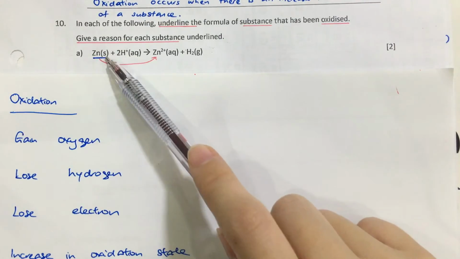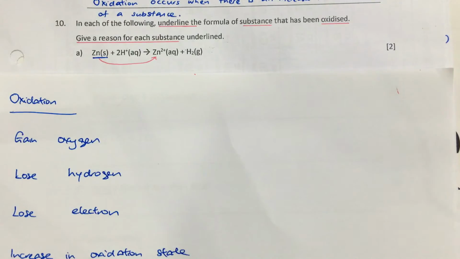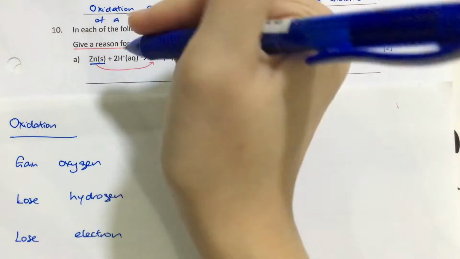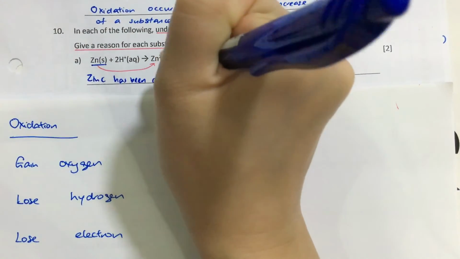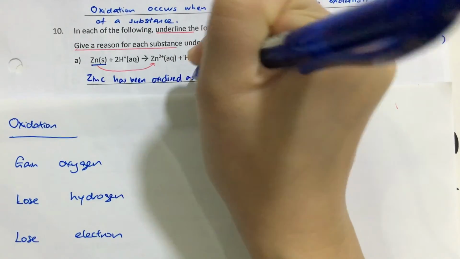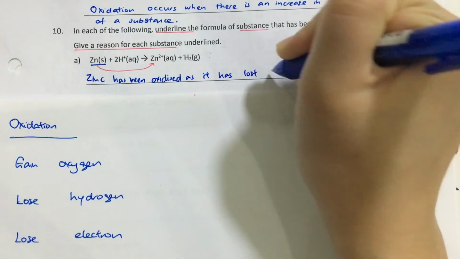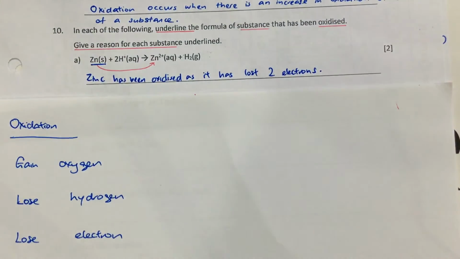And what would the reason be? It is because it has lost 2 electrons. 2 plus means it lost 2 electrons. So that is my reason. Okay, so my reason is: zinc has been oxidized as it has lost 2 electrons.